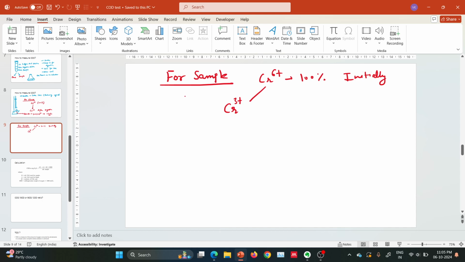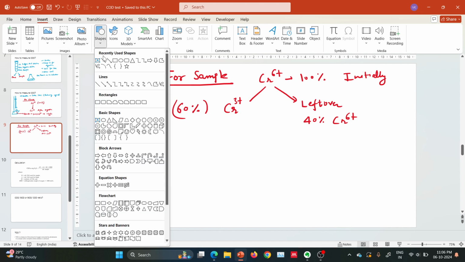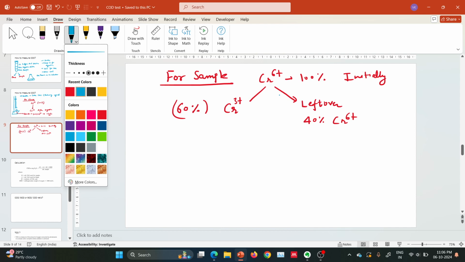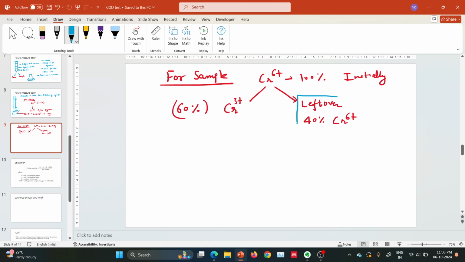Let's assume 60% is reduced to Cr3 plus and the leftover is only 40%, which is in Cr6 plus form.